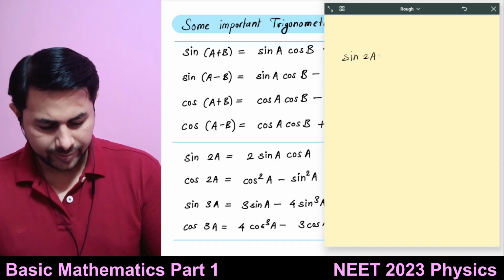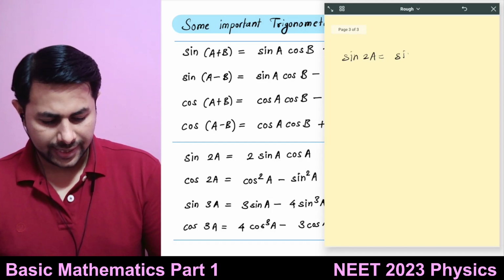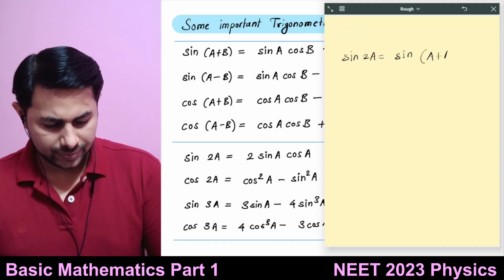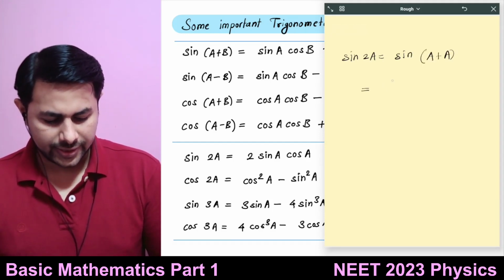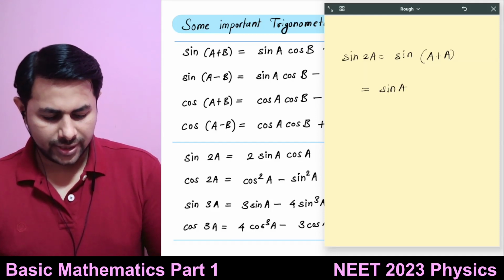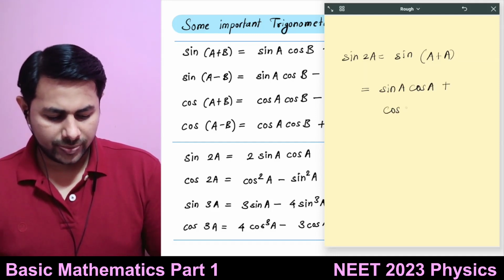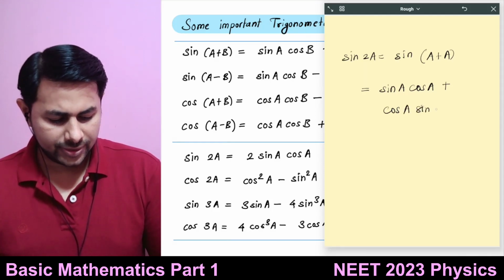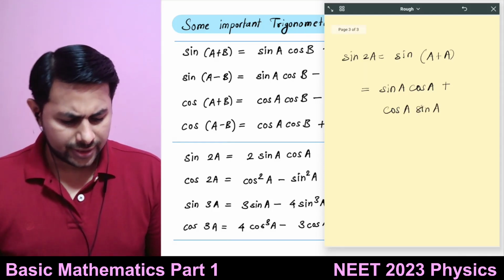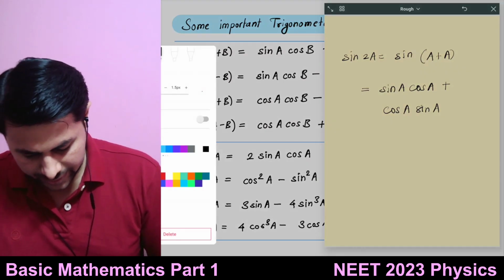Sine 2a equals sine of a plus a. Okay, that is sine of first a multiplied by cos of second a plus cos of first a multiplied by sine of second a.